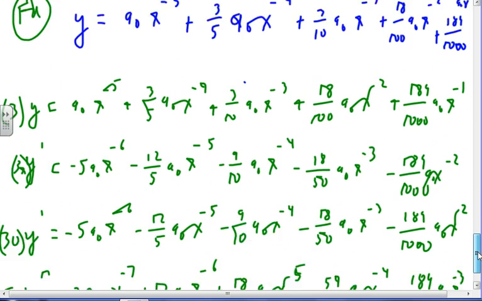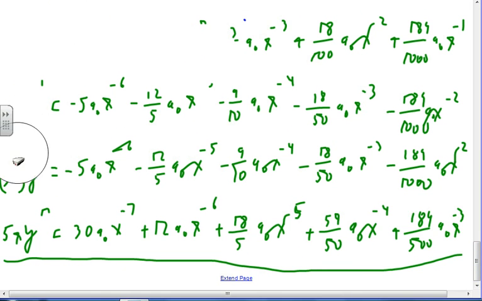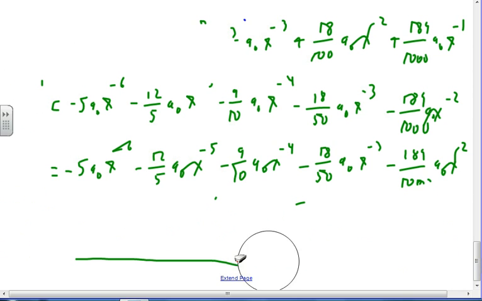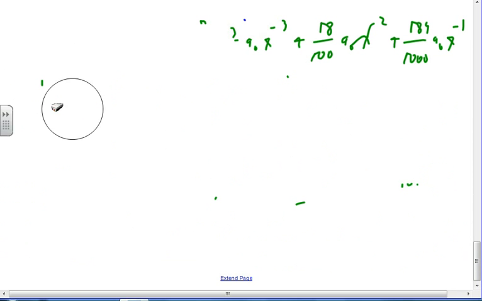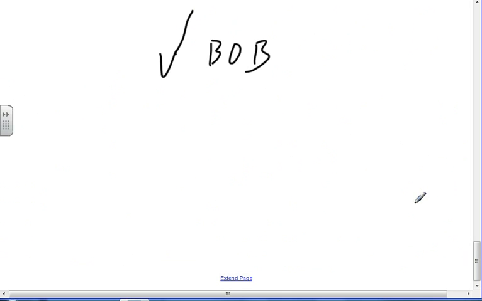Okay, so we're going to erase this garbage that didn't check, because it would never check. And we're going to say check with backup book, because it does check with the backup book.